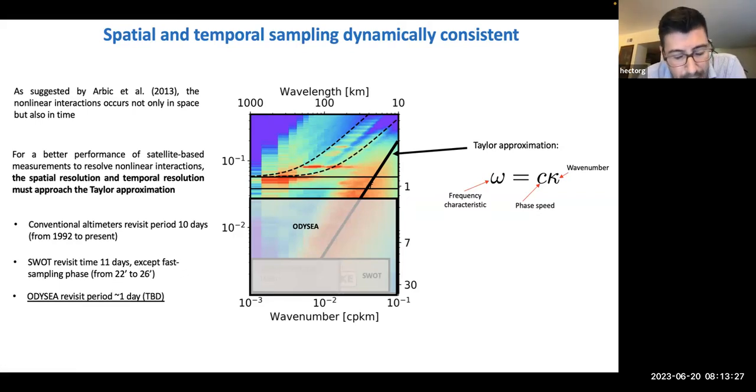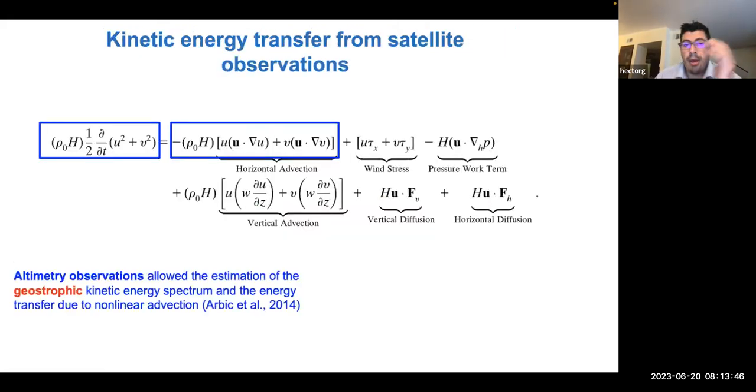So this is an idea that we have in mind, and we are trying to understand if this is true: if to have optimal satellite-based measurements, the resolution in space and in time has to follow the Taylor approximation. So this is a study that we are conducting.